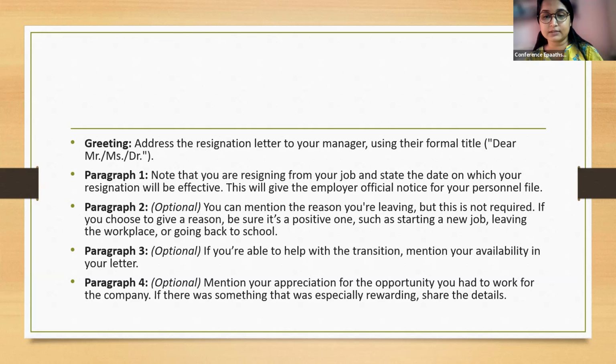Paragraph 3 is if you are sometimes coming back, like you are going to a new city and maybe have a plan for coming back, you can include that and mention your availability. If the company agrees to hire you again, then they can do that. Paragraph 4 will be your appreciation for the company if you have anything.